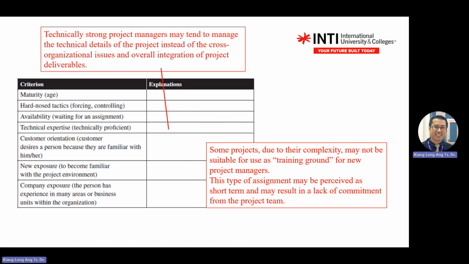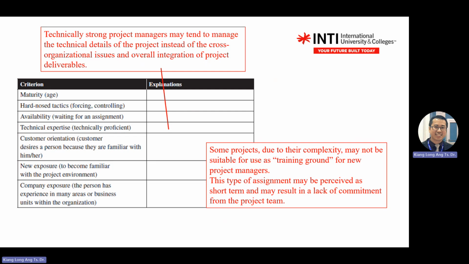Technical expertise, proficiency. This one you can read. So this one, technical expertise is highly recommended because in the talent triangle, technical knowledge is important. Okay. The one drawback for technical expertise, they might be so focused in that particular area until they forget the overall project.